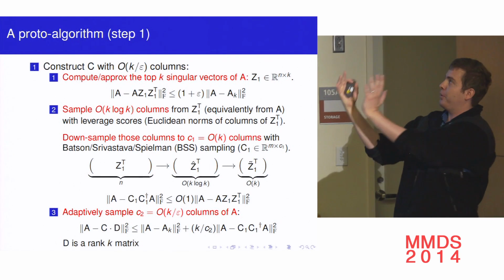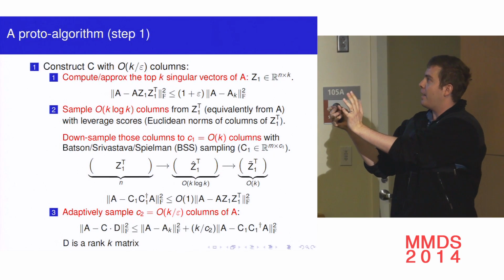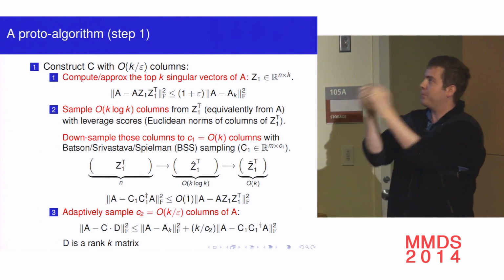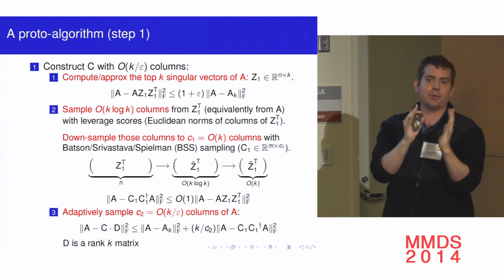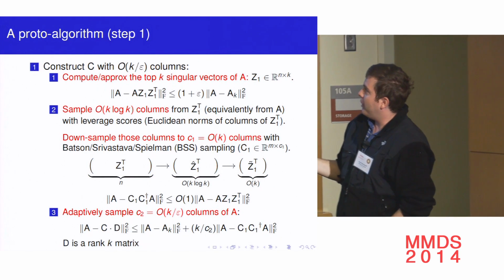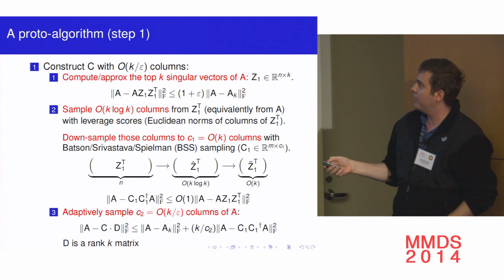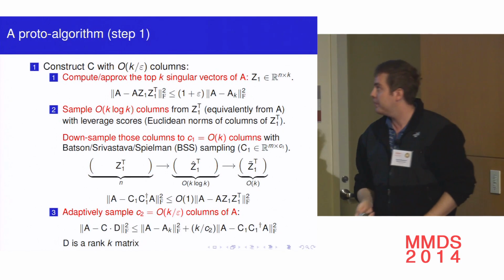So we started off with a good space to project onto, which was some arbitrary space, and then we sampled from it and were able to get good columns to project onto, actual columns of A. You can do that with k log k samples from this distribution.